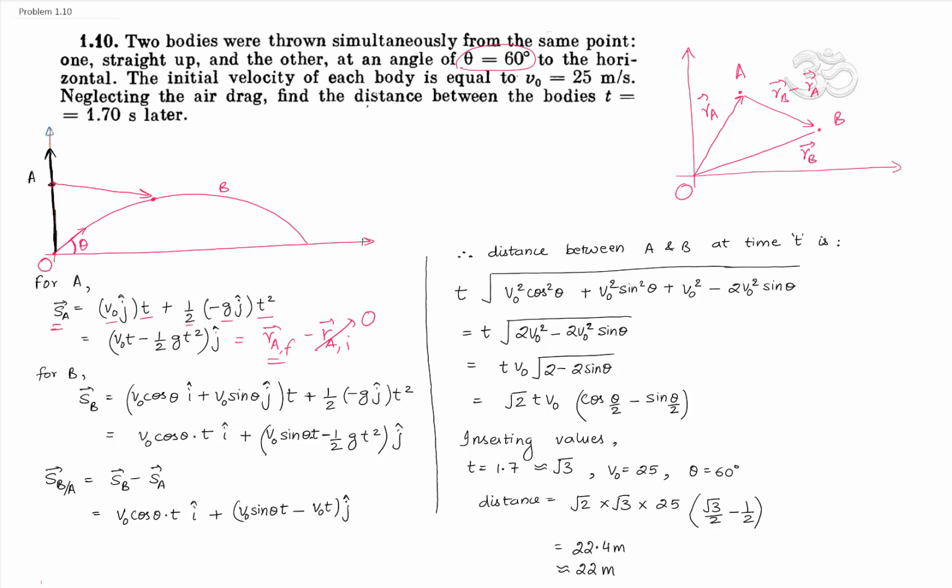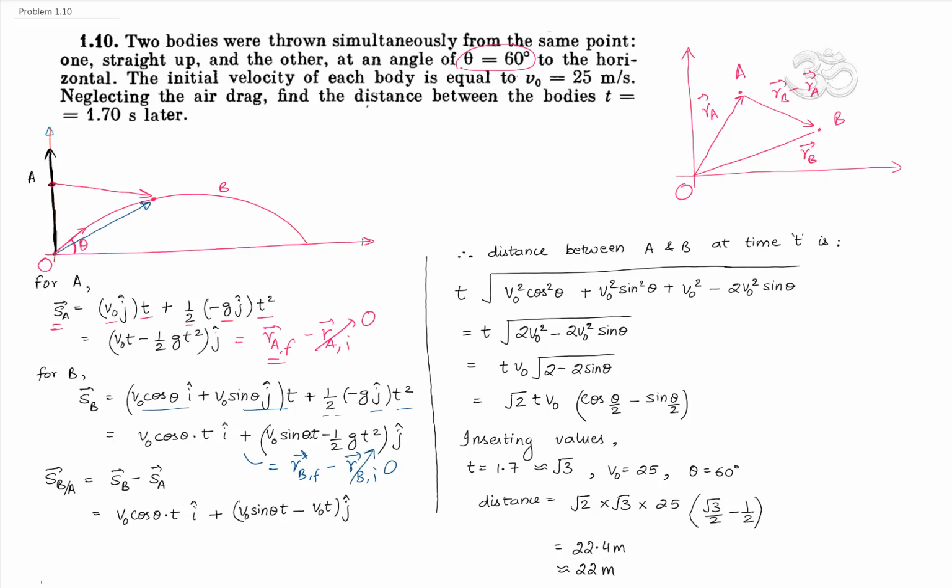Next, for SB, you will notice that this is the vector which I am drawing in blue from origin to B. Now the displacement of B is ut plus half at square, that is this. This is in fact R final of B minus R initial of B, and this is again 0.